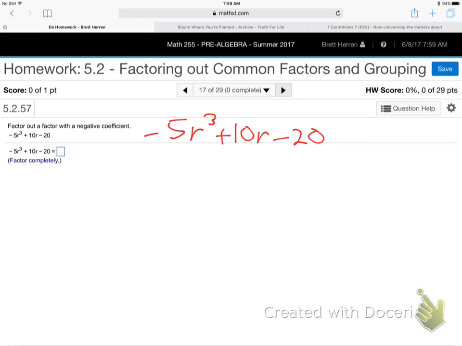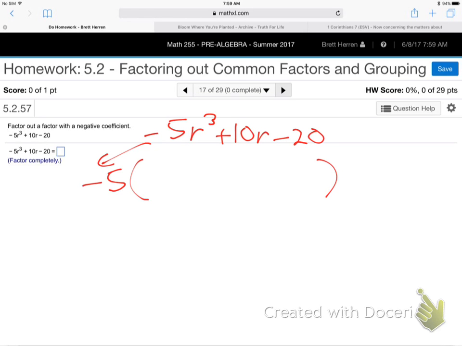So what goes into 5 and 10 and 20? 5. Do they all have an R? No. It's going to be negative 5, though. Why do I put negative 5? Because the one in the front is negative. It's all about the one in the front. I don't care about the other negatives, just the one in the front. The one in the front's negative, take out negative. And again, they don't all have an R, so I can't take out an R.